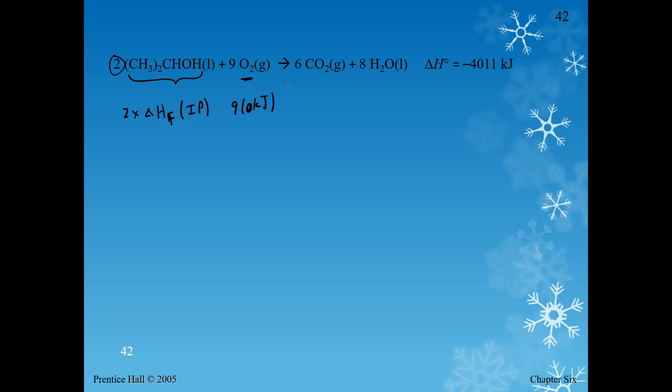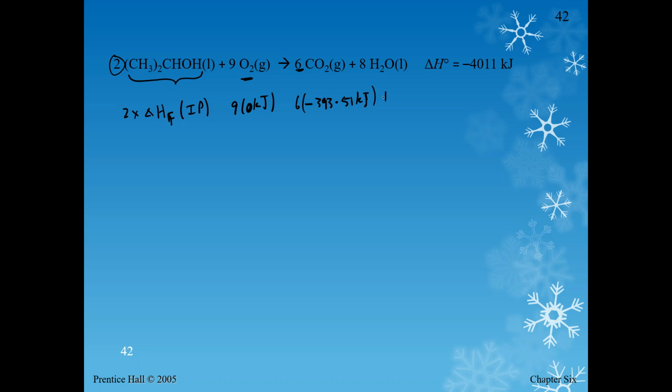Then we get to the carbon dioxide. So according to the tables here, which I have right next to me, the value for carbon dioxide is minus 393.51 kilojoules. And because we have a 6 here, we have to multiply that by 6, all right?